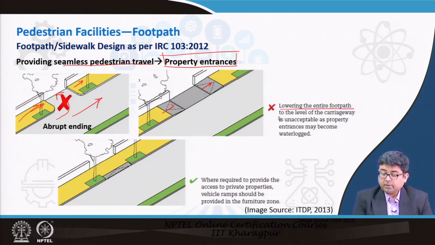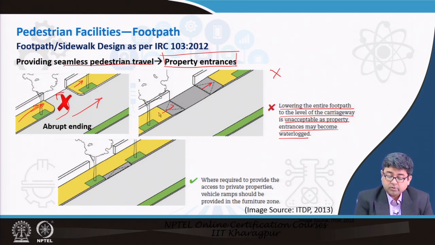Lowering the entire footpath to the level of the carriageway is unacceptable, as property entrances may become waterlogged. So, this is also not a right design to provide, since the slope is this way and this is upslope. So, there may be a lot of water accumulation at this point, and the property owners here would not like it.